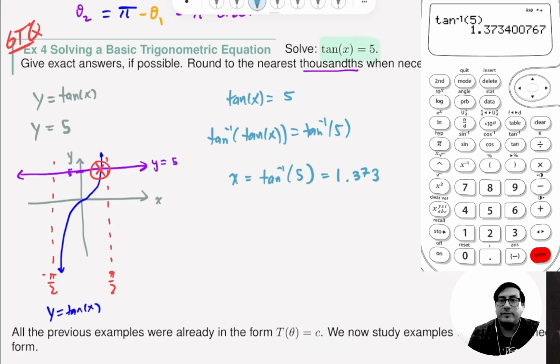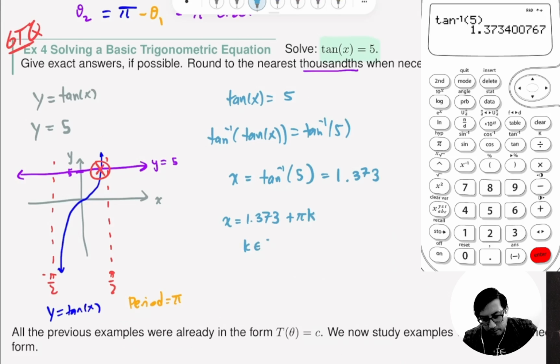It just says solve this. So there's more solutions. All the other solutions are going to be plus the period. Now the period for tangent, remember, is pi. So when I write my solutions, instead of writing plus 2 pi k, now I do plus pi k, where k belongs to Z.